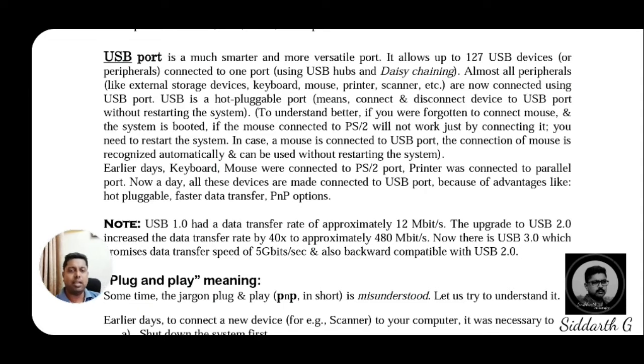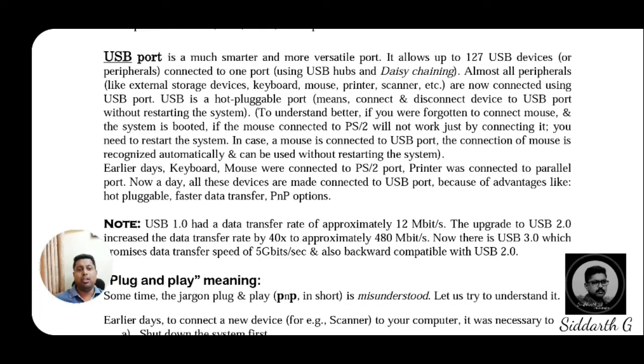Note down, students, some key points about USB. USB 1.0 had a data transfer rate of approximately 12 Mbps, that is, around 12 megabytes of data transferred per second. Upgrading to 2.0 is about 40 times faster, approximately 480 megabytes per second.